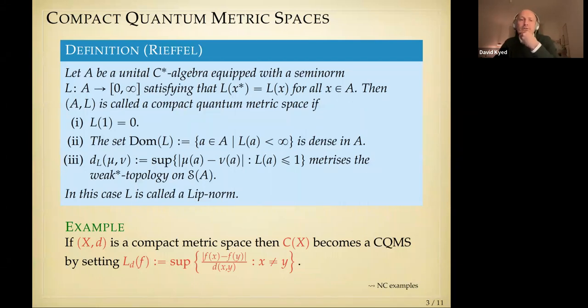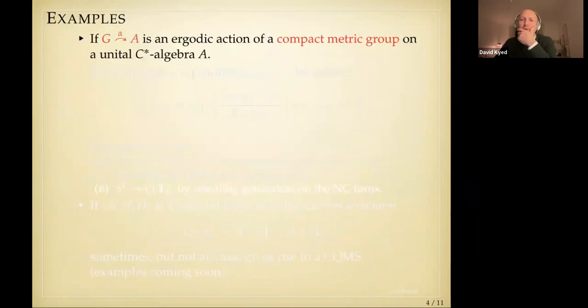So I wanted to show you a couple of examples, and the first part of these examples come from group actions. So imagine that you have a compact group acting on a unital C-star algebra in an ergodic fashion. So only the scalars are fixed. And let's assume, for instance, that this group G is endowed with a metric metrizing its compact topology.